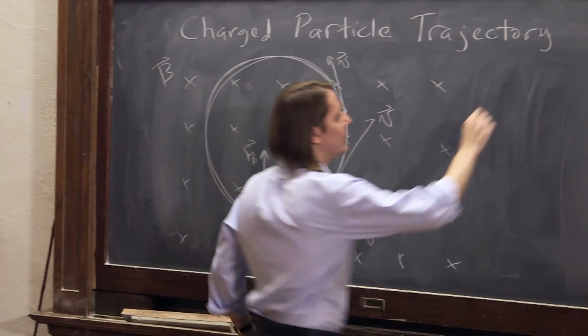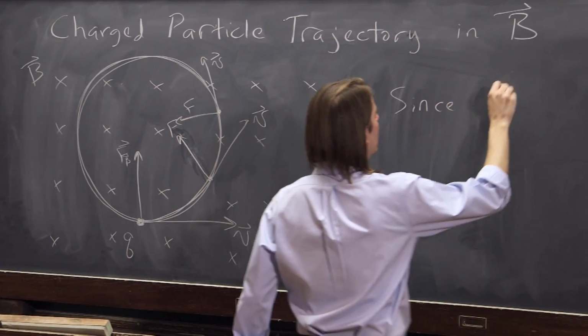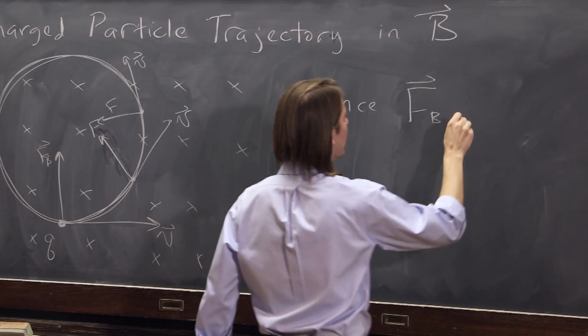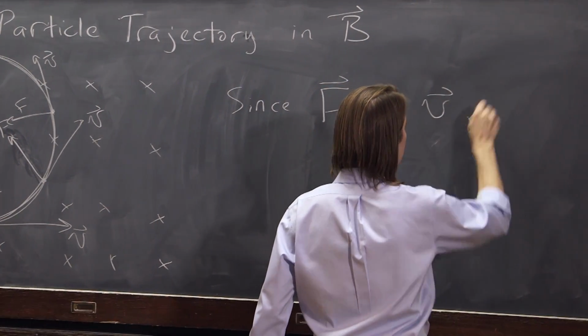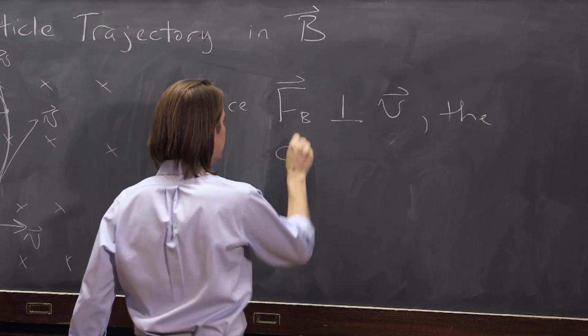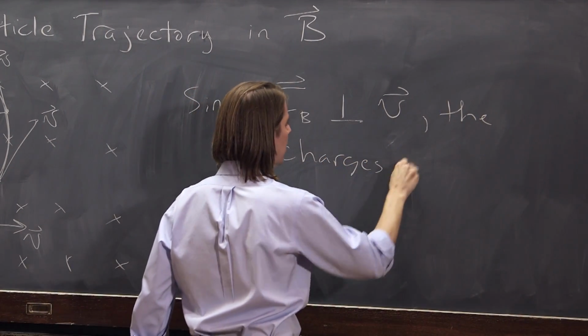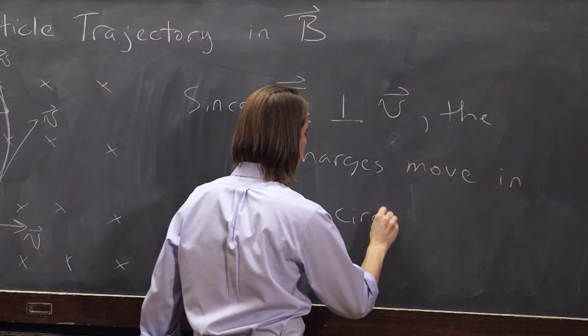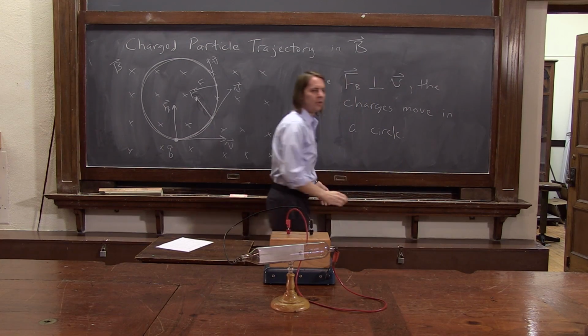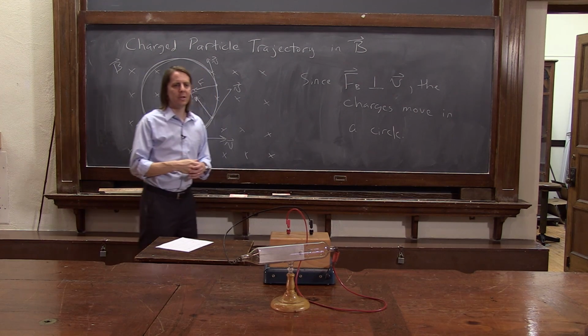Because since magnetic force is always perpendicular to the velocity, the charges move in a circle. And they follow all the laws of circular motion that you learned in mechanics.